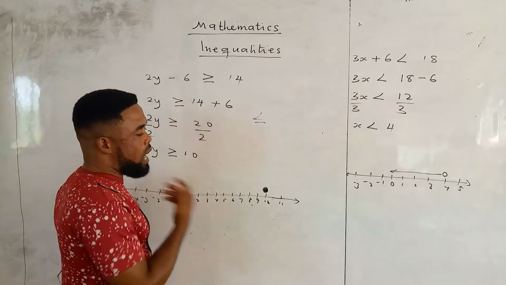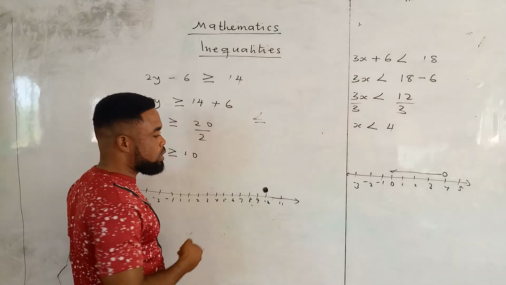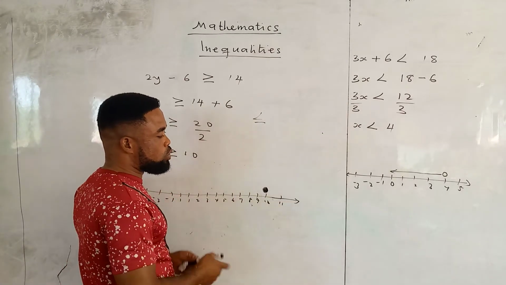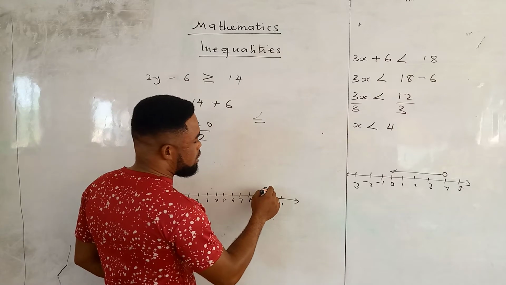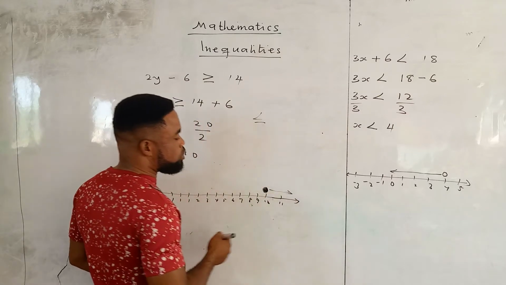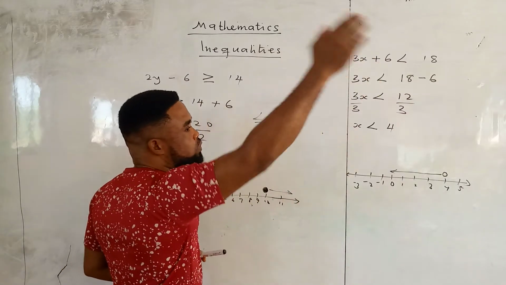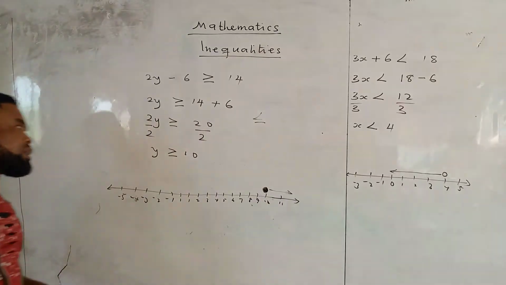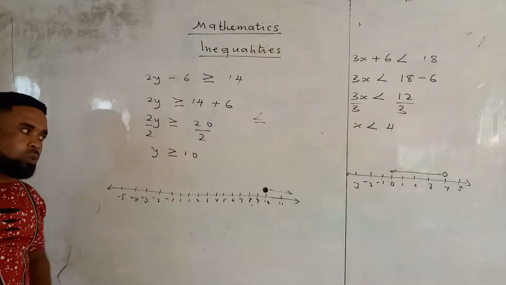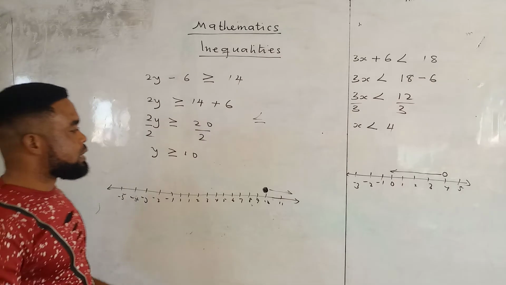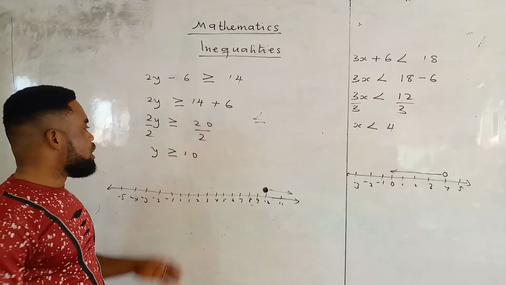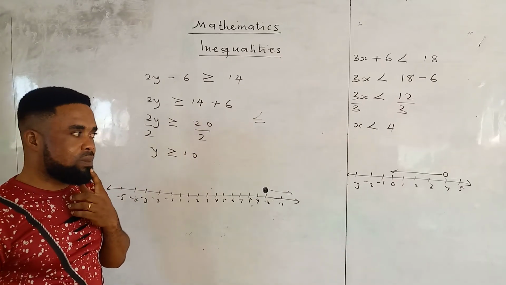So the y values are greater or equal to 10. So from 10 going, since it is greater, you show towards this direction. From 10, 11, 12, 13, 14, those are the values of y. Good. So if you want to represent it on a number line, please notice the signs very well.